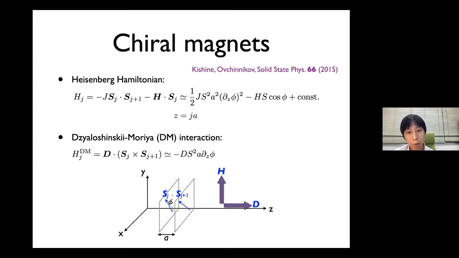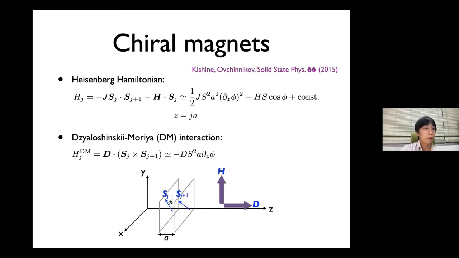And then the angle phi is defined in this way. That is the definition. By taking the continuum limit, this term reduces to this form, and also the Heisenberg Hamiltonian reduces to this form in the continuum. Does that answer your question?